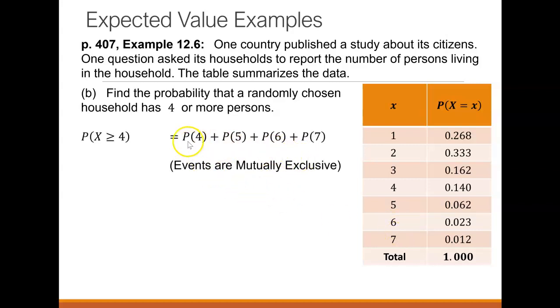Again, these are mutually exclusive because an exactly 5-person household can't have 4 people in it or 6 people or 7, right? Because we changed these to be exactly. They're now mutually exclusive, meaning that there's no overlap. So I just add the probabilities to get 0.237.